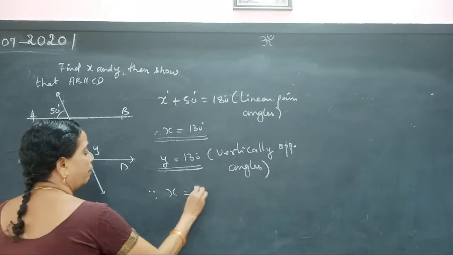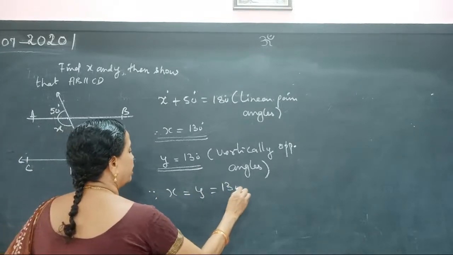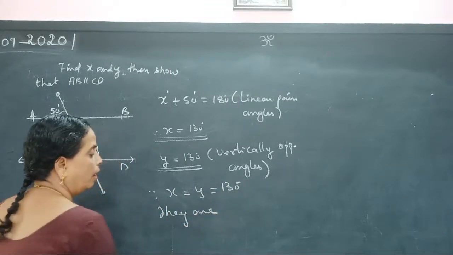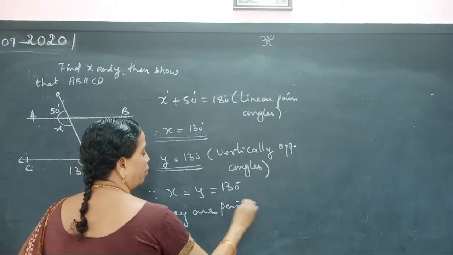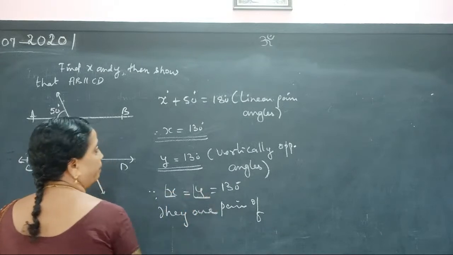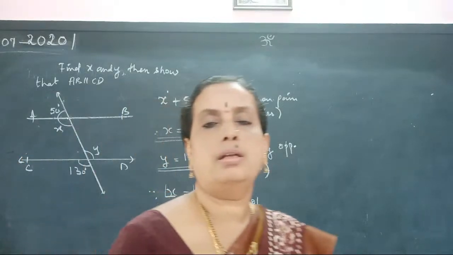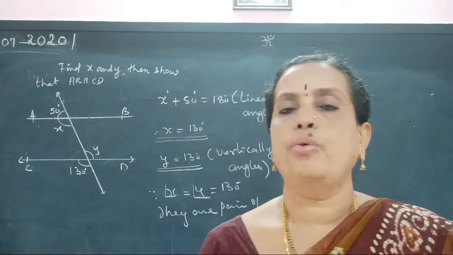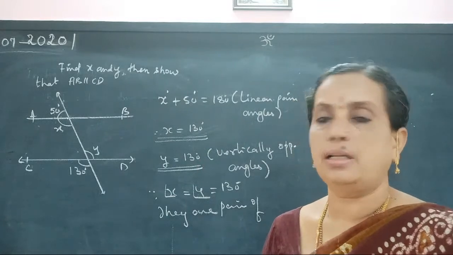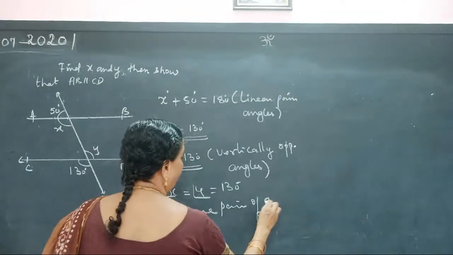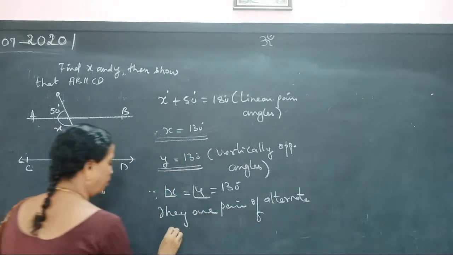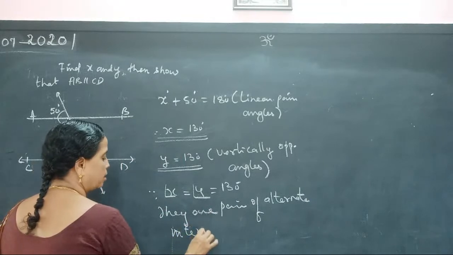Since x equals y equals 130 degree, what do we call those angles, angle x and angle y? They are a pair of alternate interior angles.